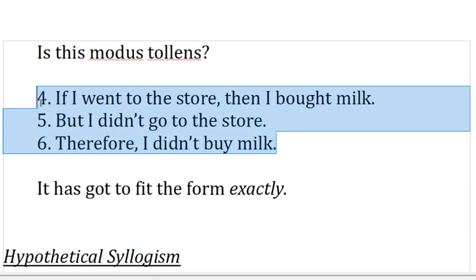So is this modus tollens? If I went to the store, then I bought milk, but I didn't go to the store, therefore I didn't buy milk. That is not modus tollens because it doesn't fit the form of modus tollens exactly. Now, in this video, I'm not explaining to you why you have to fit the form of the rules that you're using exactly.